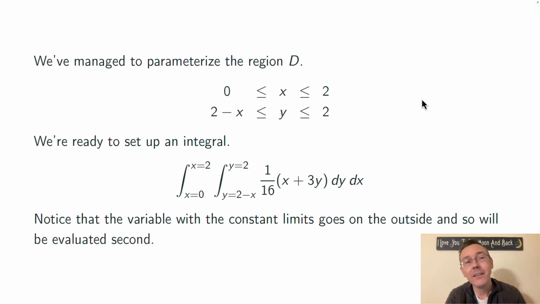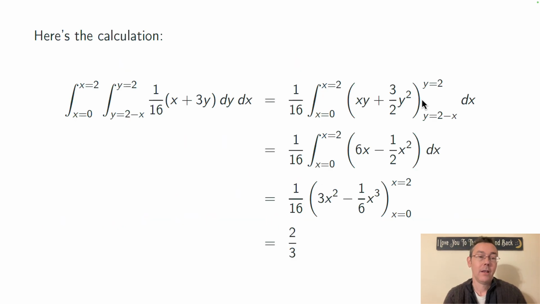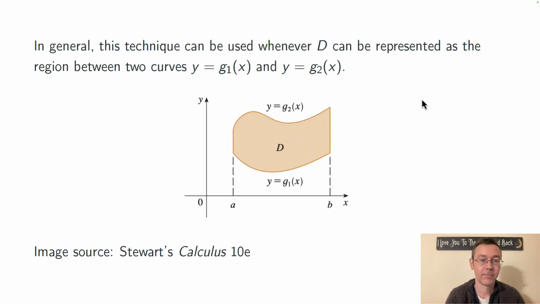And then, of course, the inside is just f(x, y). Now we integrate. I'm not going to walk through this all step by step, but do notice that after you do the first integral, the things you're plugging in for y also involve x. So the single integral you're doing for x, for that second integration, is potentially a little bit harder.